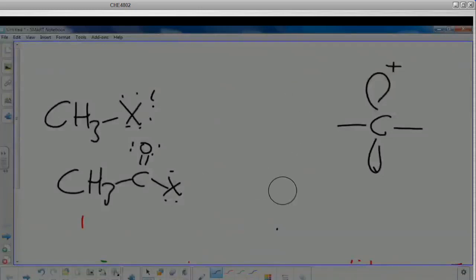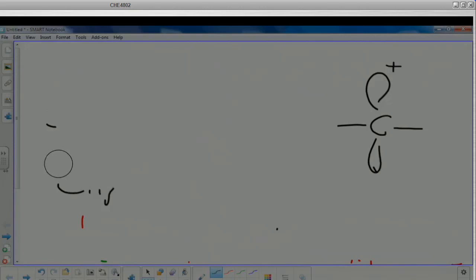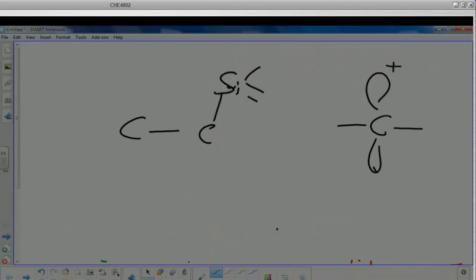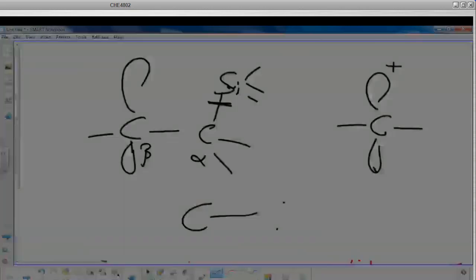You'll notice when you come to organosilicon compounds, you probably received all your test assignments. I've marked them, and I checked where your problem is. Somewhere where we had silicon like this, and then there's an empty orbital, it was beta effect. If silicon is a functional group, this will be alpha, this will be beta.